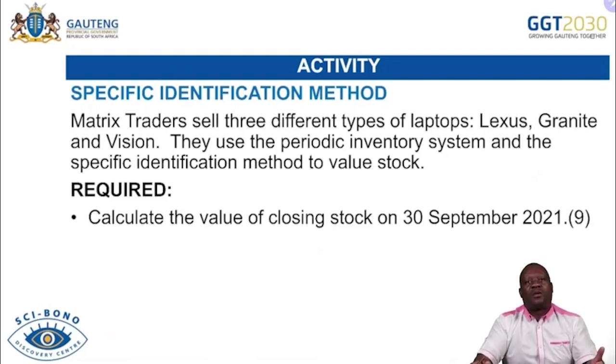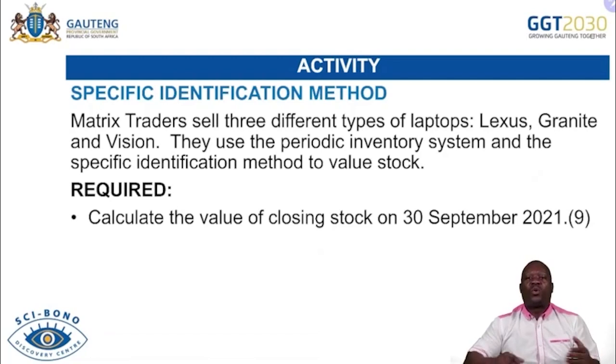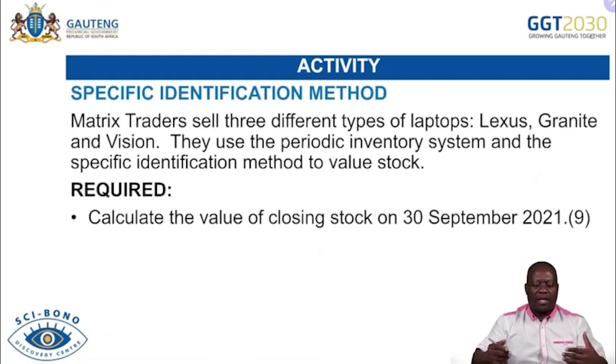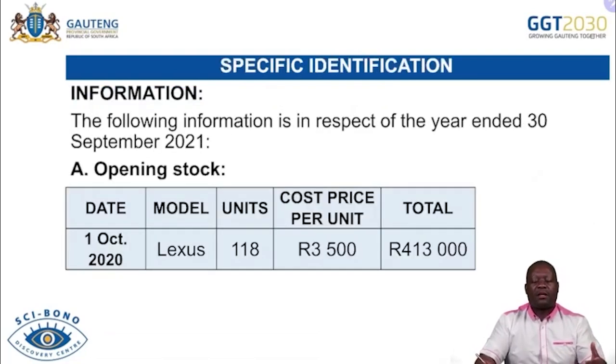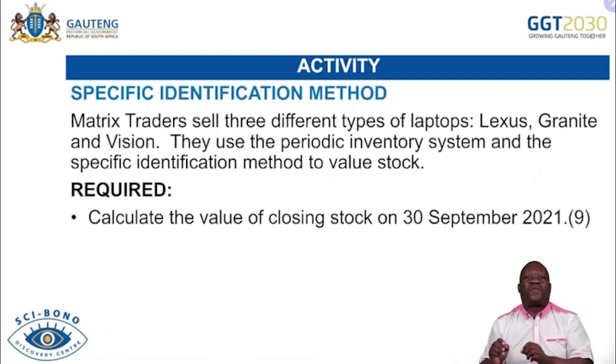But when it comes to calculation of everything else, it is going to depend on that closing stock figure. So how do we calculate cost of sales? It's uniform. How do we calculate gross profit? It's uniform. How do we calculate any other indicators? It is uniform. But the methods are used for calculating closing stock. So I'm going to start with closing stock first, and then we can get down into anything else.